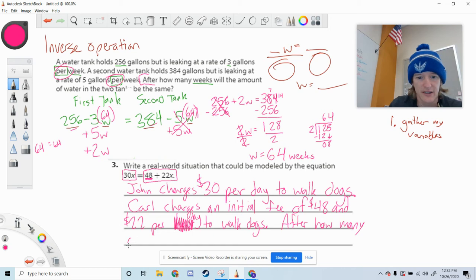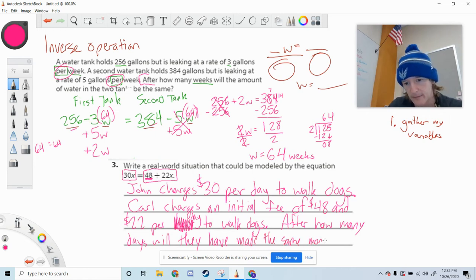So after how many days will they have made the same money? Because we can see that Carl's not charging as much per day. However, he does start with $48, whereas John starts at $0, but does charge more. So they will be equal to each other at some point.